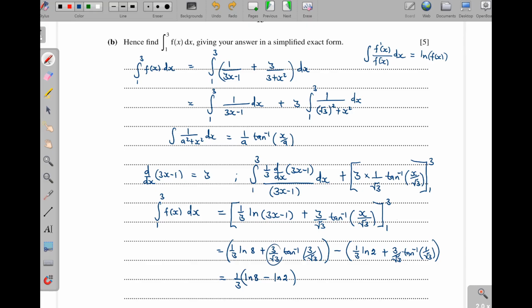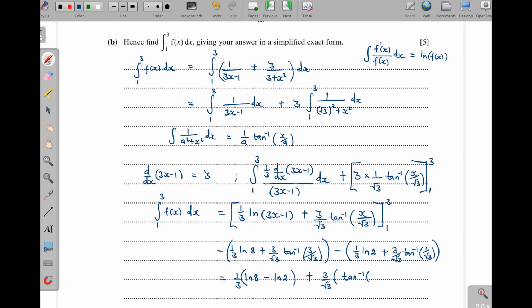Then next we have plus 3 out of root of 3, then arctan of this one, which is the same, 3 out of root of 3, so times root 3 times root 3. Now this one becomes a 3 and it cancels with that. So that means inside here we have root of 3. Arctan of root of 3 gives us 60 degrees. But 60 degrees, you're not going to write what?